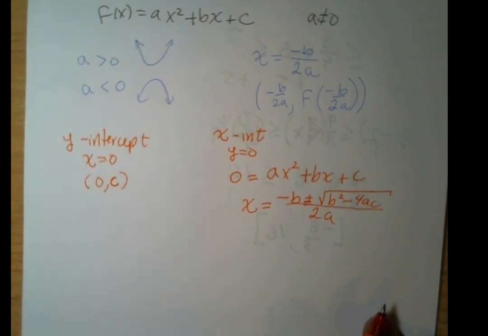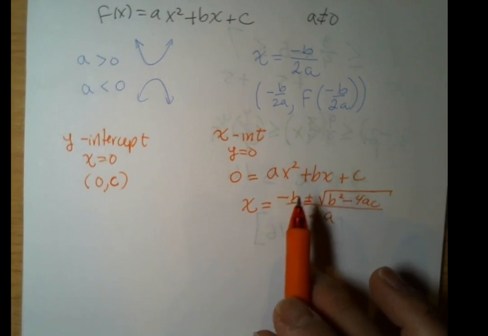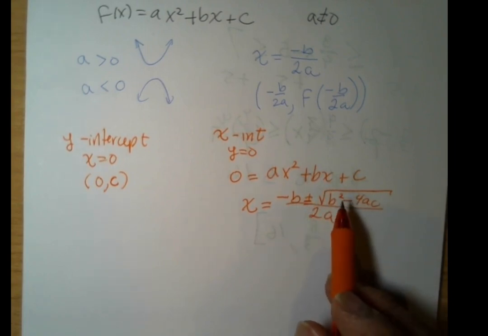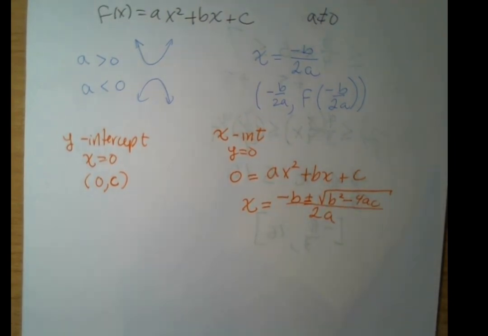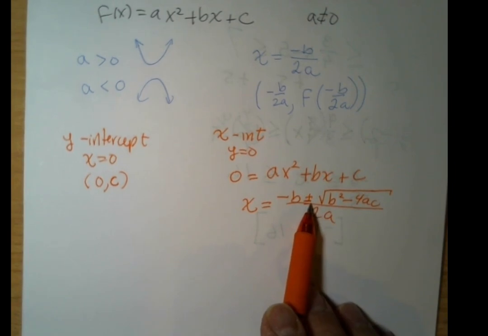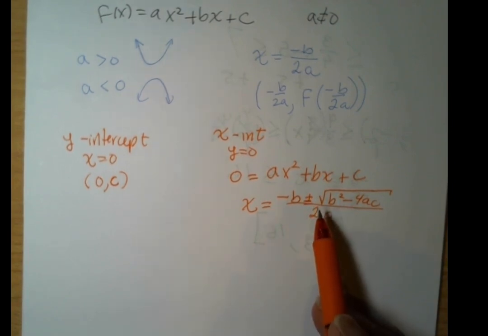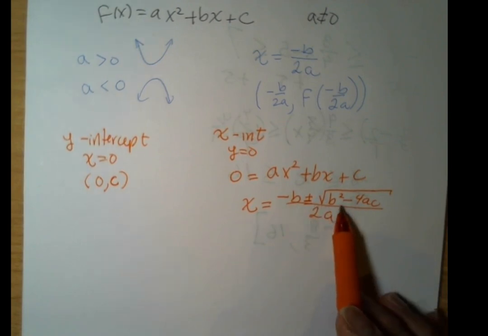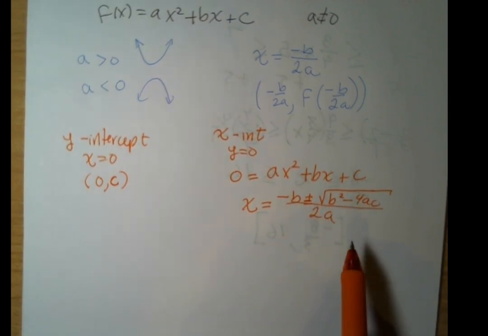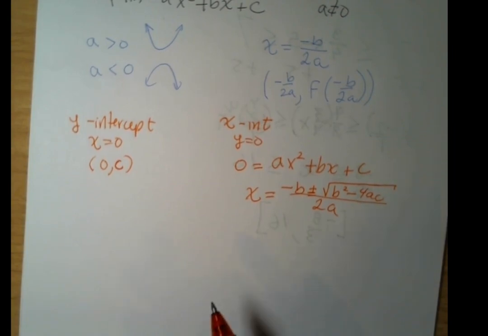Now, as we saw from the graph, there's a possibility of getting 0 x-intercepts, 1 x-intercept, or 2. That all depends, if you notice on the layout of this, on what is under the square root. This plus or minus indicates that there's a possibility of 2, again depending on what this b squared minus 4ac is, sometimes called the discriminant.